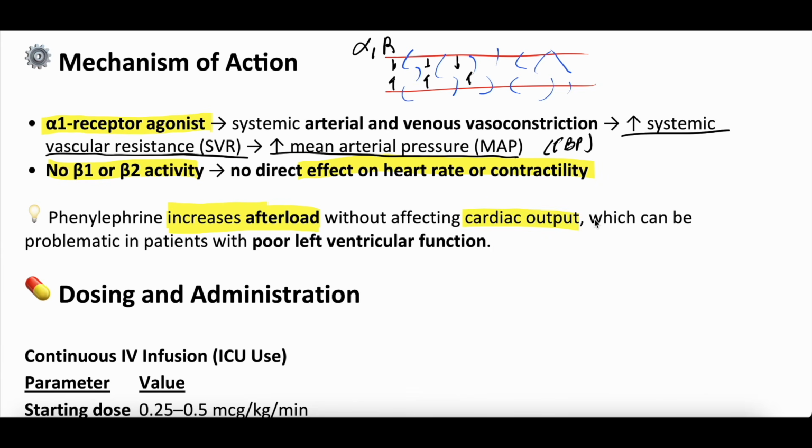So this sometimes can actually be problematic, especially in patients with cardiac dysfunction, because it can lead to a decrease in cardiac output indirectly. Right? Because it increases the afterload that the heart has to pump against, and by doing so, sometimes that cardiac output will actually drop. So sometimes indirectly, it can decrease the cardiac output, which can be significant and detrimental in some patients.